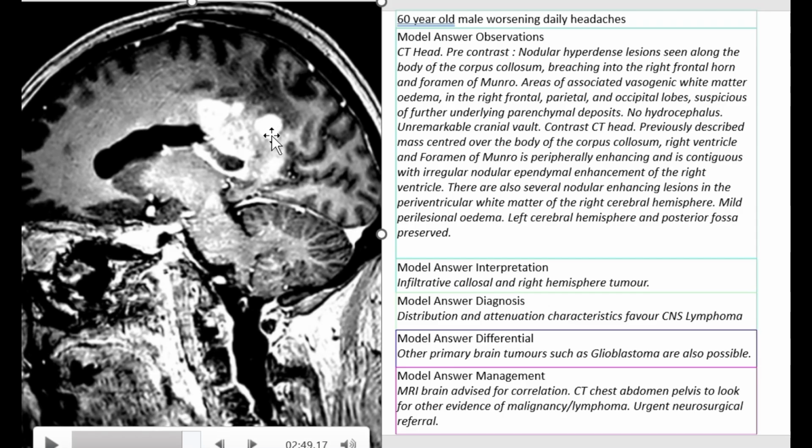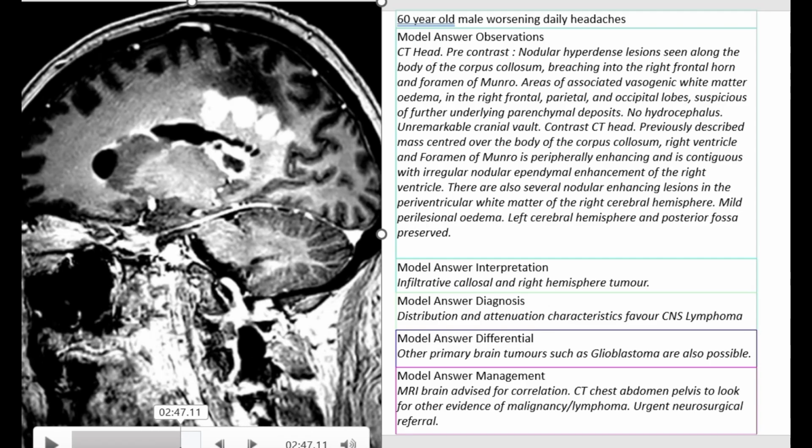And the periventricular white matter nodular enhancing lesions are also seen here, along with the ependymal enhancing lesions in the right lateral ventricle.